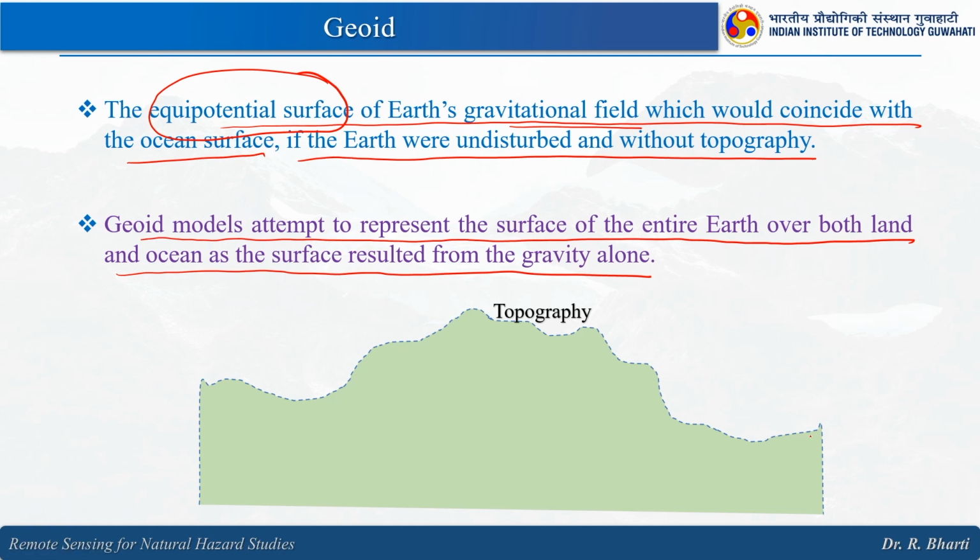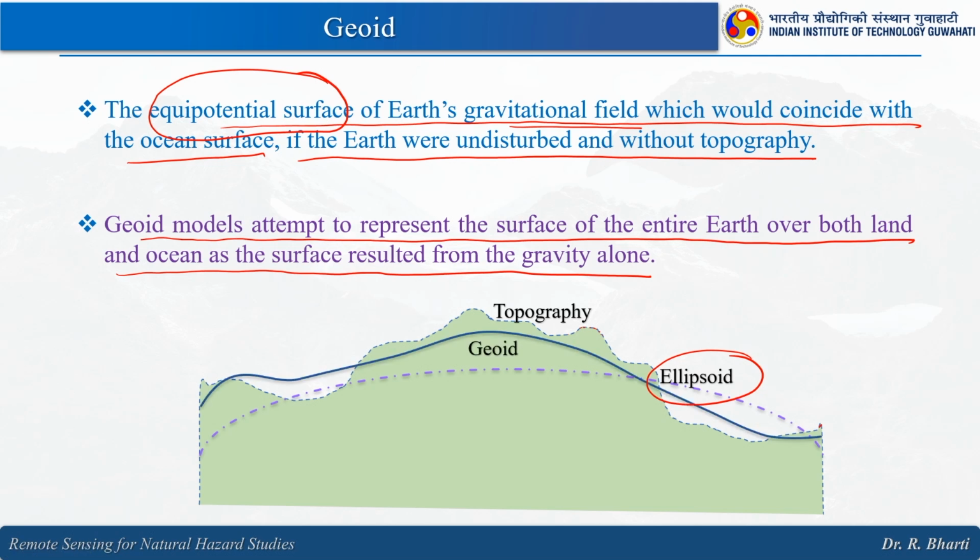Here this is the topography, you see these dotted lines, it is representing the topography. This is your ellipsoid which we discussed in the previous slide. Now, we have the geoid. The geoid is the equipotential surface of the earth's gravitational field.